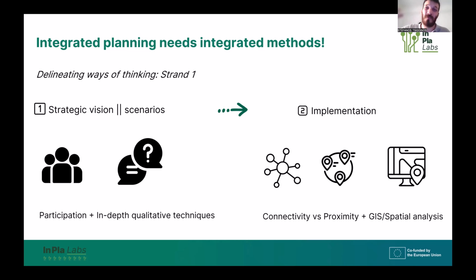So the scenarios are not top-down, but a bottom-up approach. It's like we discuss with people.